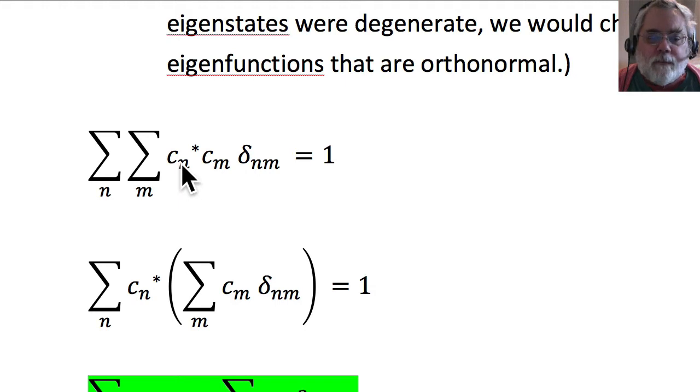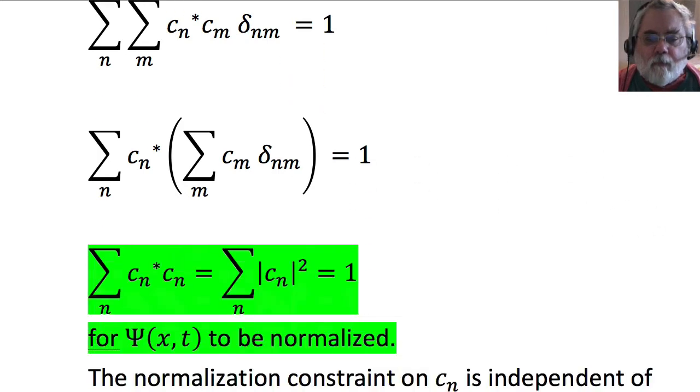We can move the c sub n conjugate to the left of the sum over m. But when we take the sum over m of c sub m Kronecker delta of n m, this Kronecker delta is going to be 0 for every time that n is not equal to m, and it's going to be 1 when n equals m.